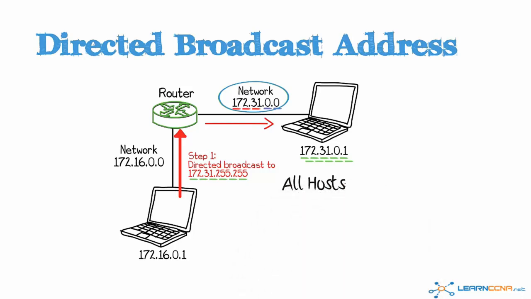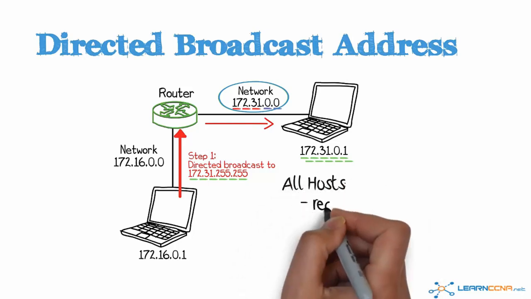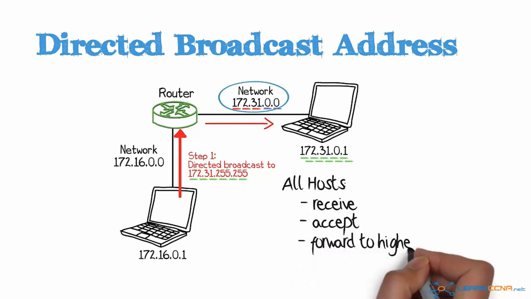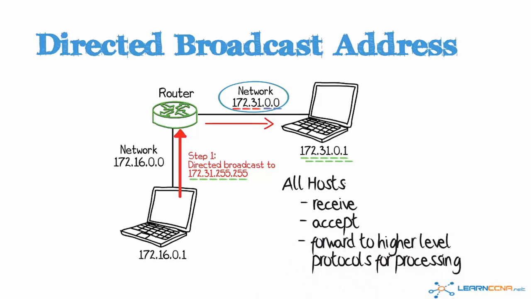So all hosts on that segment will receive the directed broadcast, will accept it. In other words, the network interface cards will accept the broadcast and forward it to higher layer protocols for processing. The CPUs of every device will be interrupted to process the directed broadcast.